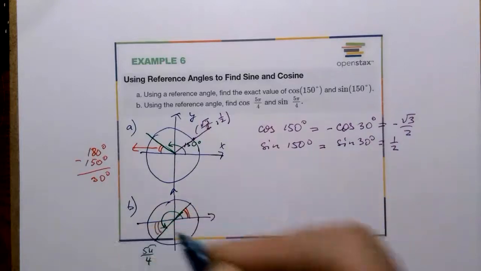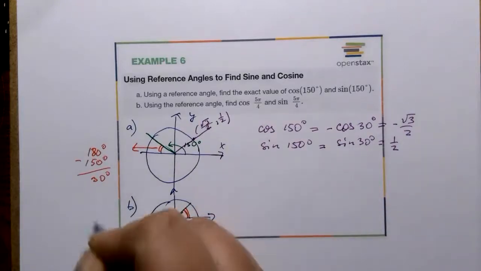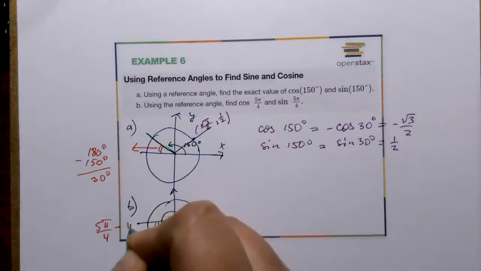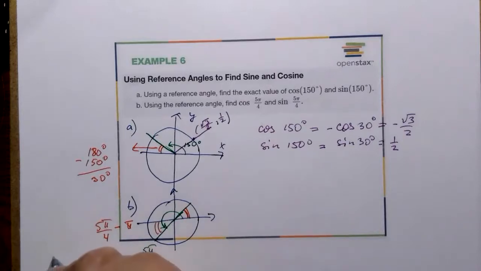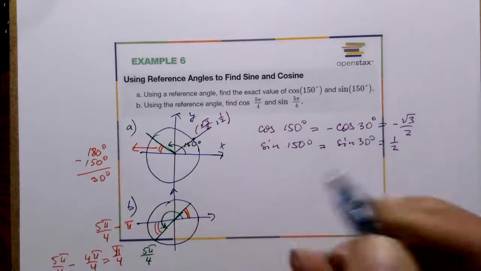Okay, so how do we find it? We take 5 pi over 4 and we subtract pi from it. So we turn pi into a fraction, 4 pi over 4, and we're left with 1 pi over 4, or just pi over 4.